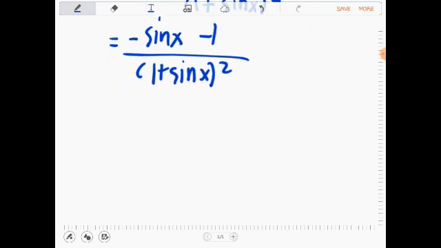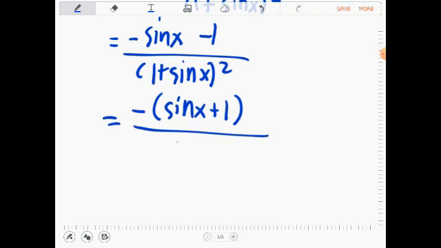Dito na lang sa baba. Ngayon, katulad ng ginawa natin kanina, pinasok ko siya sa parentheses. So, negative sine of x plus 1. Kasi para ma-eliminate natin siya. All over, i-factor natin yung denominator. This will give us 1 plus sine of x times 1 plus sine of x.